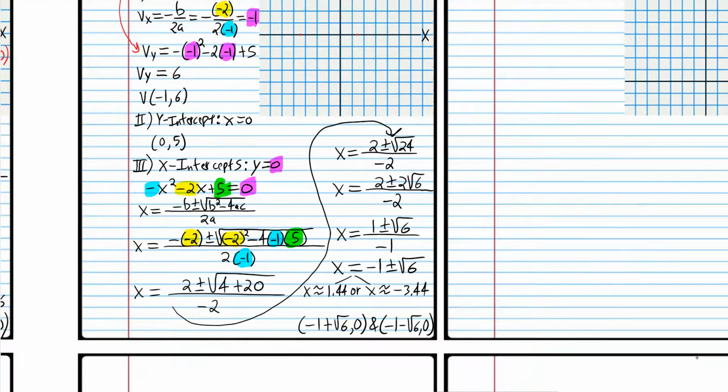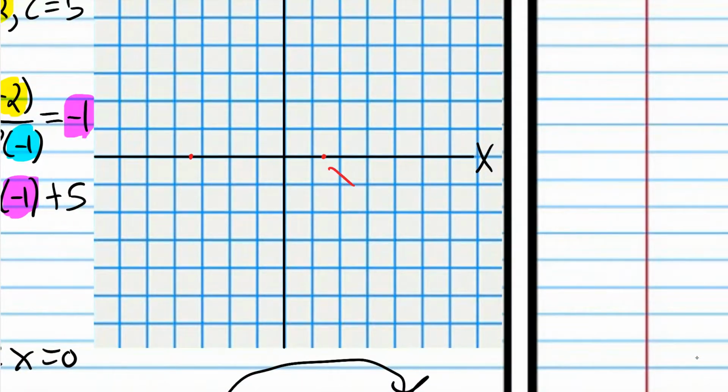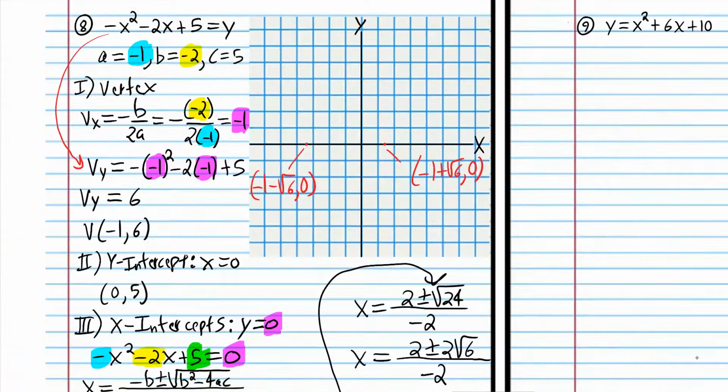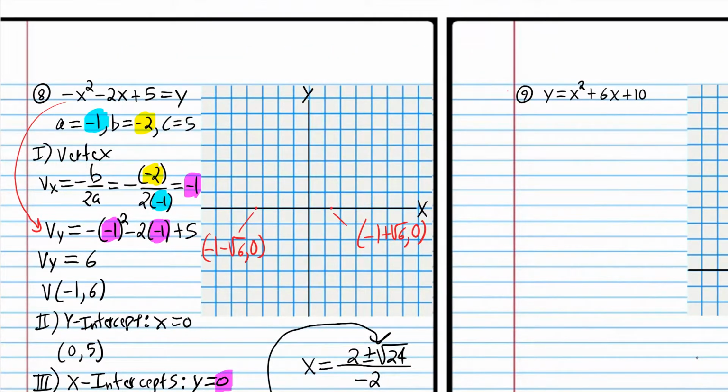So we have negative 1 plus root 6, 0, and we have negative 1 minus root 6, 0. And the y-intercept is 0, 5.